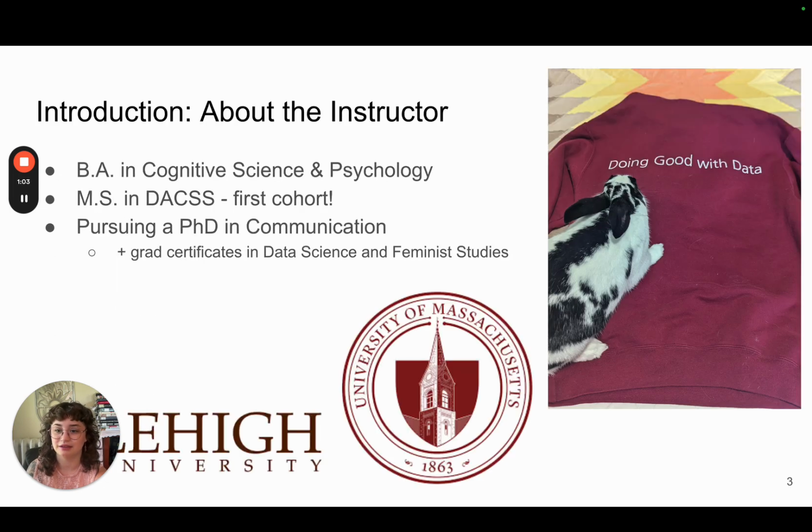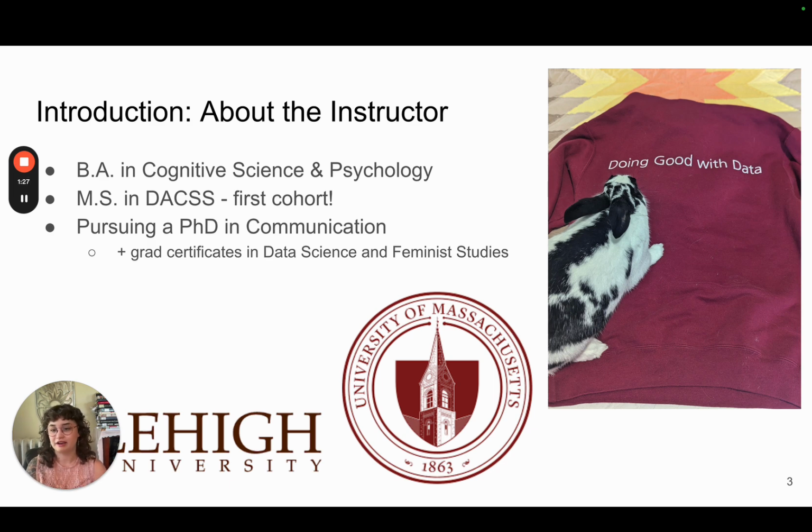So introduction, hello, so nice to meet you. My name is Larry Miller. I was actually part of the very first DACSS cohort, which is really exciting. I got my bachelor's in cognitive science and psychology, my master's in DACSS, and now I am pursuing a PhD in communication at UMass Amherst, alongside grad certificates in data science and feminist studies.